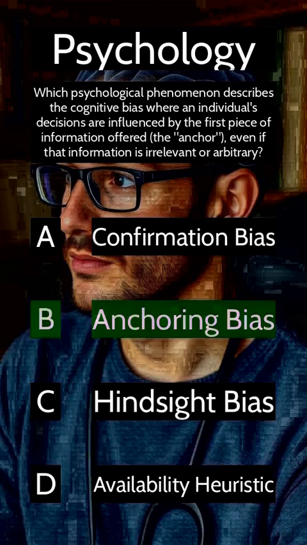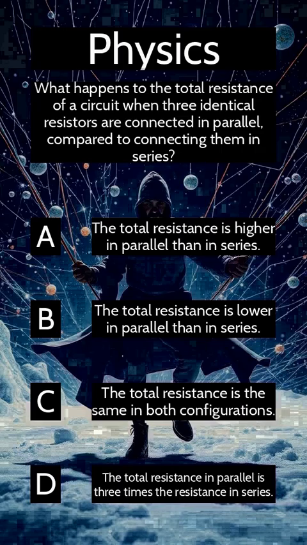Answer B. Anchoring bias. What happens to the total resistance of a circuit when three identical resistors are connected in parallel compared to connecting them in series? Answer B. The total resistance is lower in parallel than in series.